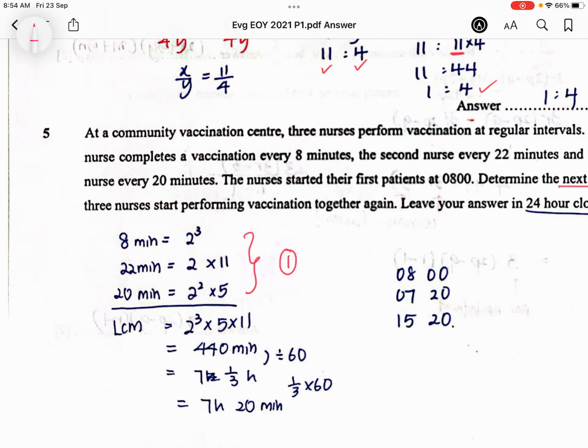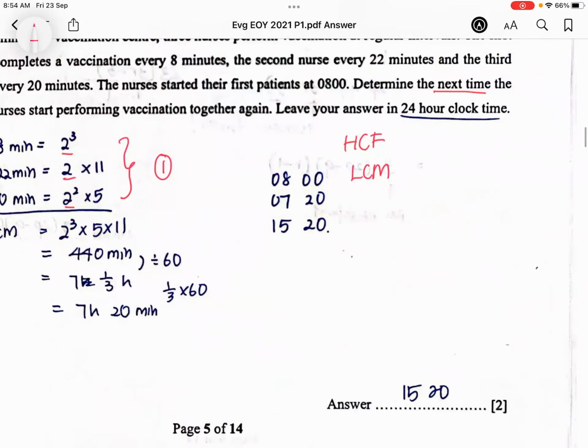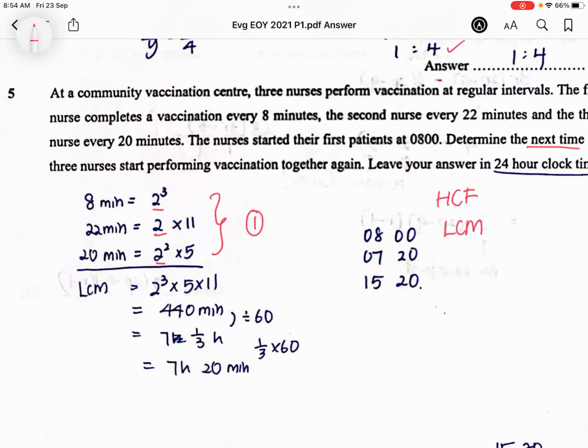If I do the number listing, I still get the answer, but you will not get the method mark. You only get the 1 mark for the answer. The whole question is 2 marks, because you didn't show the method.